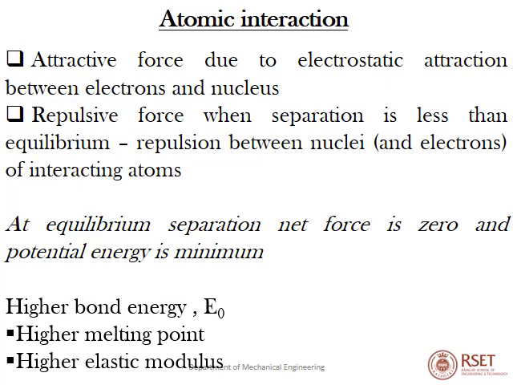If you melt the material, it will be in liquid form, so the atoms are more free to move and the atomic bonding will be lesser. So higher bond energy means higher melting point as well as higher elastic modulus.